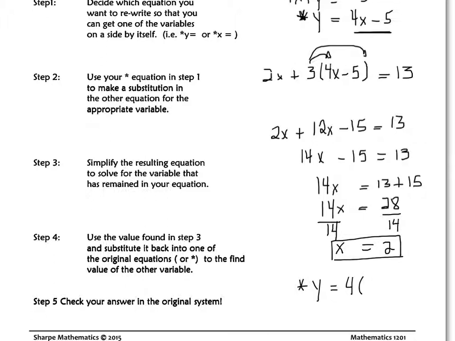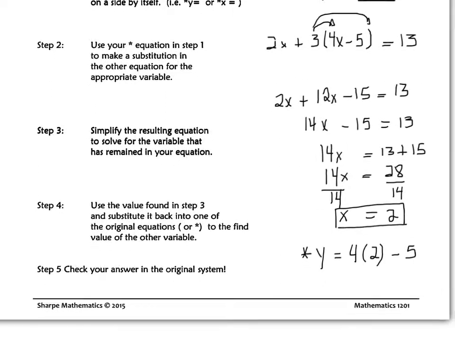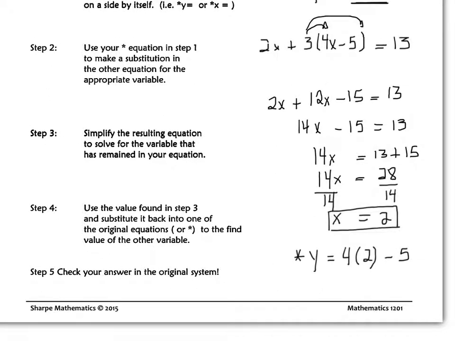So that would be 4 times x, in this case x is 2, so 4 times 2 minus 5, and that will give you 8 minus 5, or y equals 3, and that's your y coordinate.